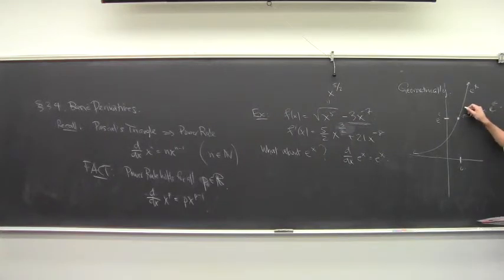Now think about what that means. Suppose I draw the tangent line down to here and intersect. What is this point here? If the slope is e of c and the height is e of c, then if I draw the tangent line down here, how far have I traveled?